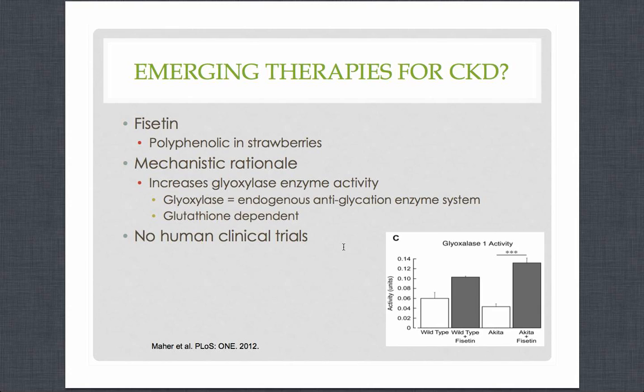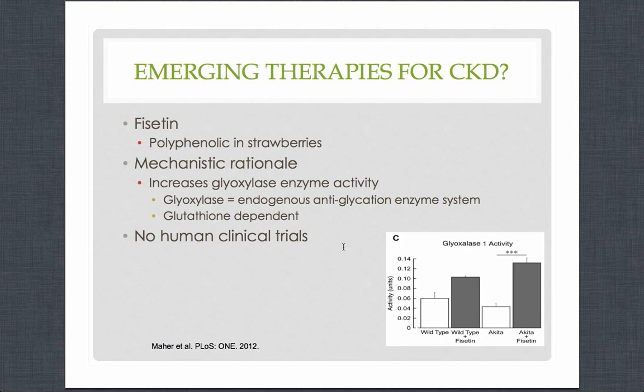One emerging therapy for chronic kidney disease is potentially the polyphenolic compound called fisetin. Fisetin is found in strawberries naturally, and it seems to increase the activity of the glyoxylase enzyme system. So glyoxylase is the endogenous anti-glycation enzyme system in our kidneys. It is a glutathione-dependent enzyme system.